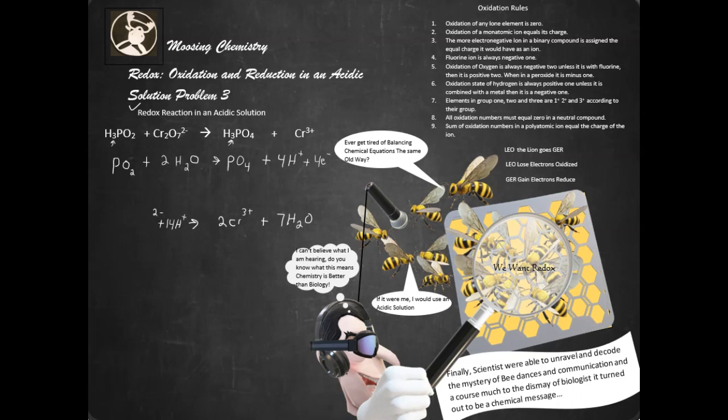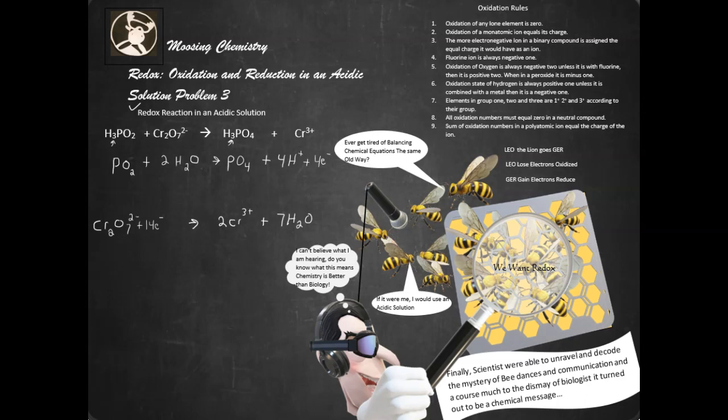Oh, here we go. And now we're going to add 6 electrons to the left side. And again, I know this is difficult, but just kind of follow it along. So this is going to become Cr2O7 2- plus 14 H plus plus 6 electrons.